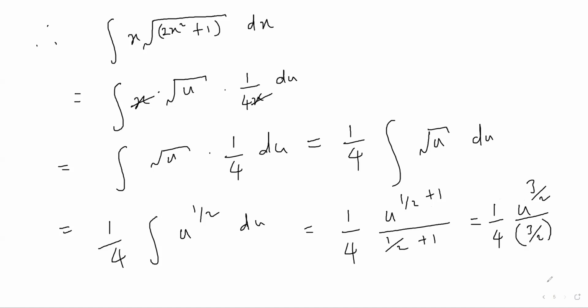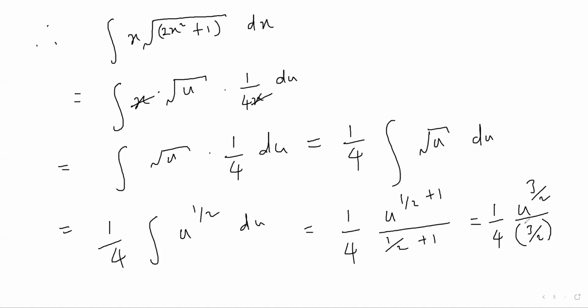Now this is the same thing as 4 times 3 over 2. You can just multiply the 4 and the 3 over 2, and the 2's will cancel out with the 4, and you have 2 times 3, which is 6.